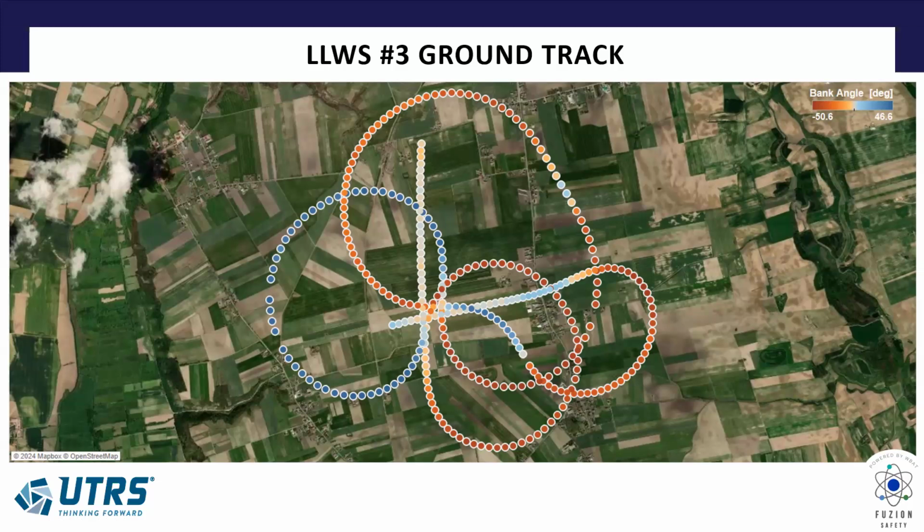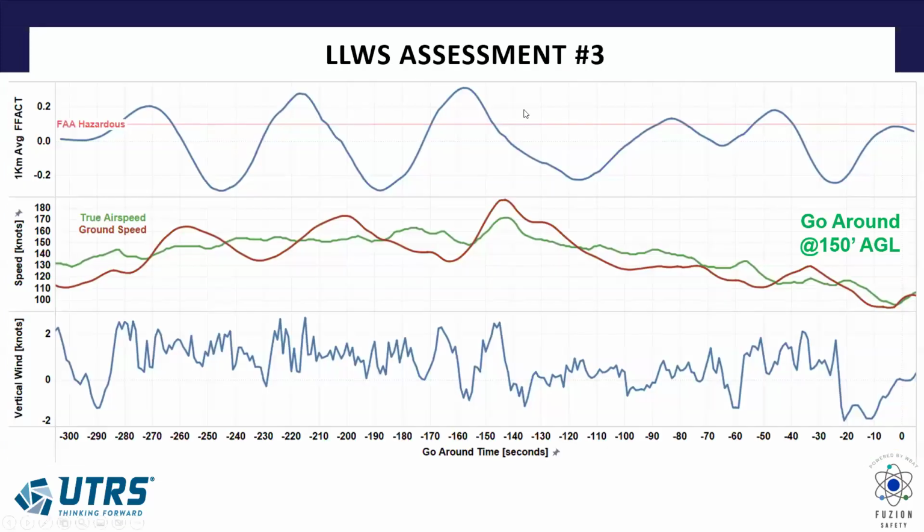But the point is that we can't always take the data for what it's saying. We have to look at the circumstances around it. And that's what we'll try to program into the software to throw this one out and go, no, he's on a downwind still, one of many in the last 5 minutes.